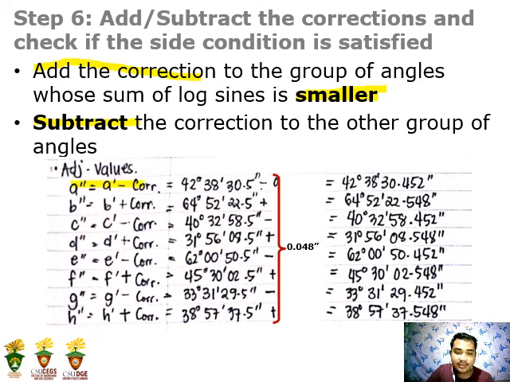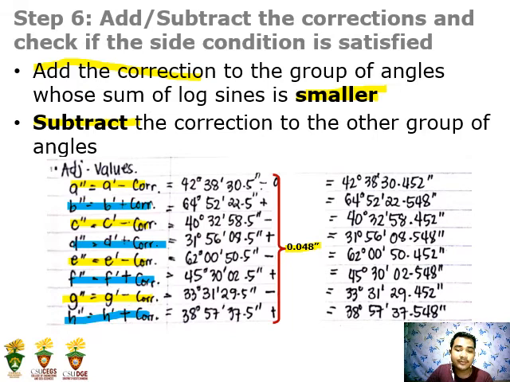So A, C, E, and G are the first group, and the correction 0.048 we are going to subtract. And for the angles B, D, F, and H, since their sum of log signs is small, we are going to add the value of correction to those angles.